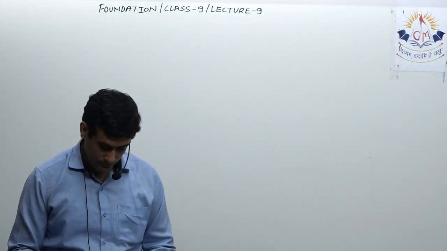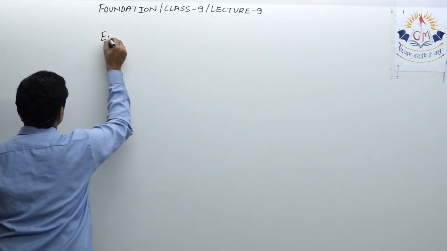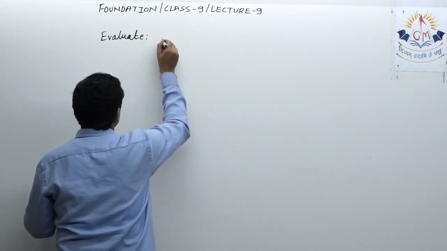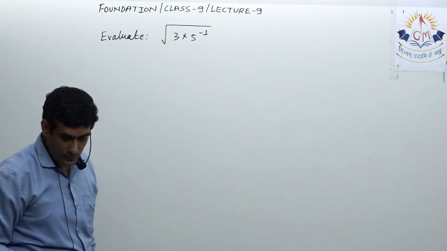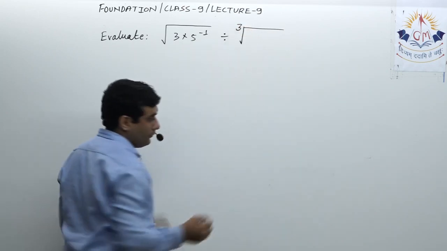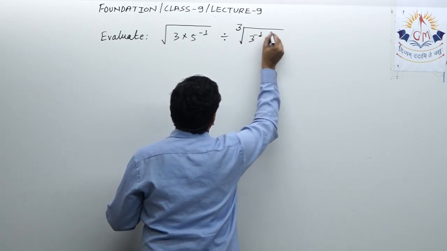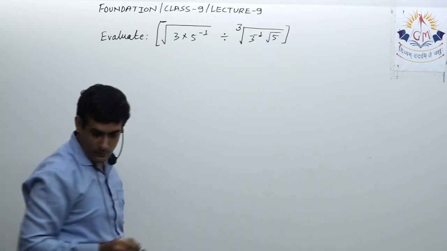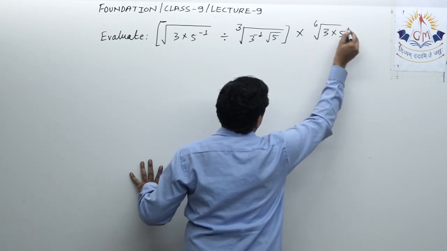Next question is evaluate: square root of 3 into 5 raised to minus 1, divided by cube root of 3 raised to minus 1 multiplied by root 5, multiplied by 6th root of 3 into 5 raised to 4.